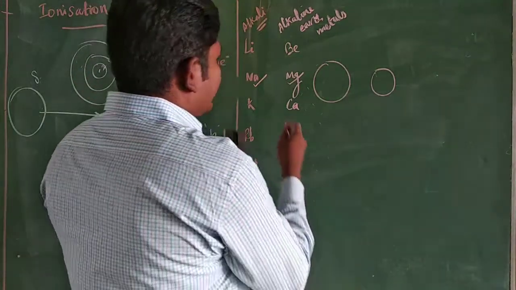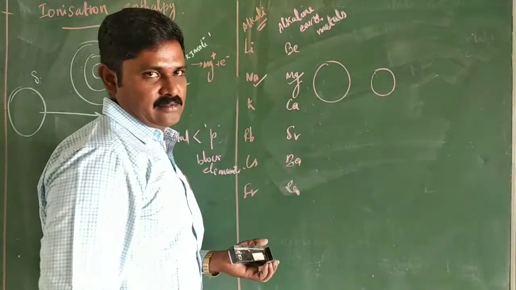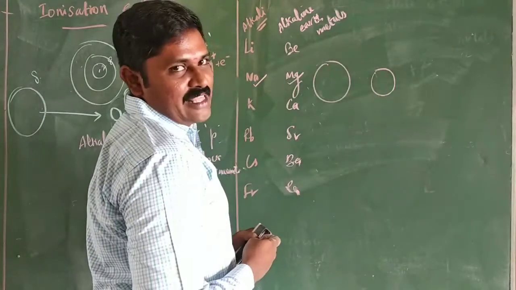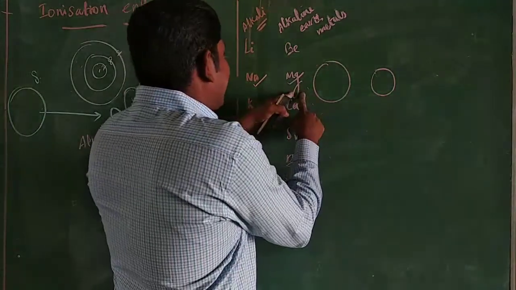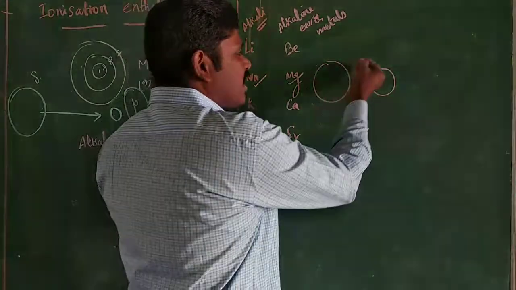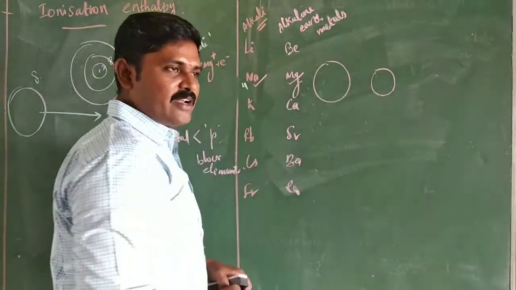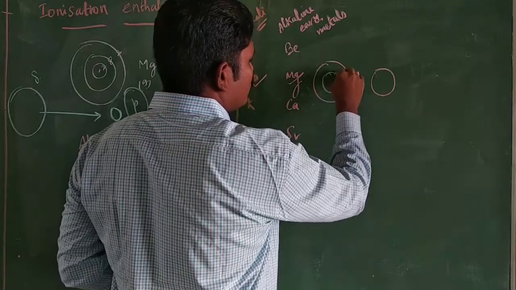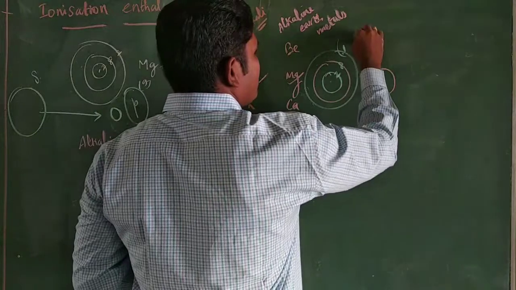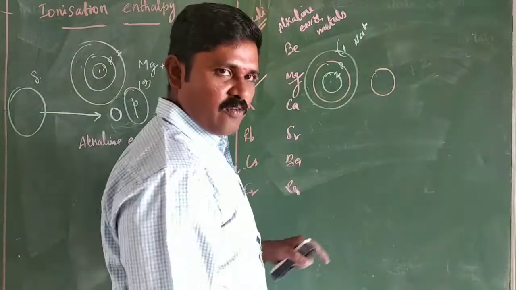But the electropositive nature is lesser than alkali metals. Because of the larger size, sodium (11) easily loses one electron to reach noble gas electronic configuration, Na plus.